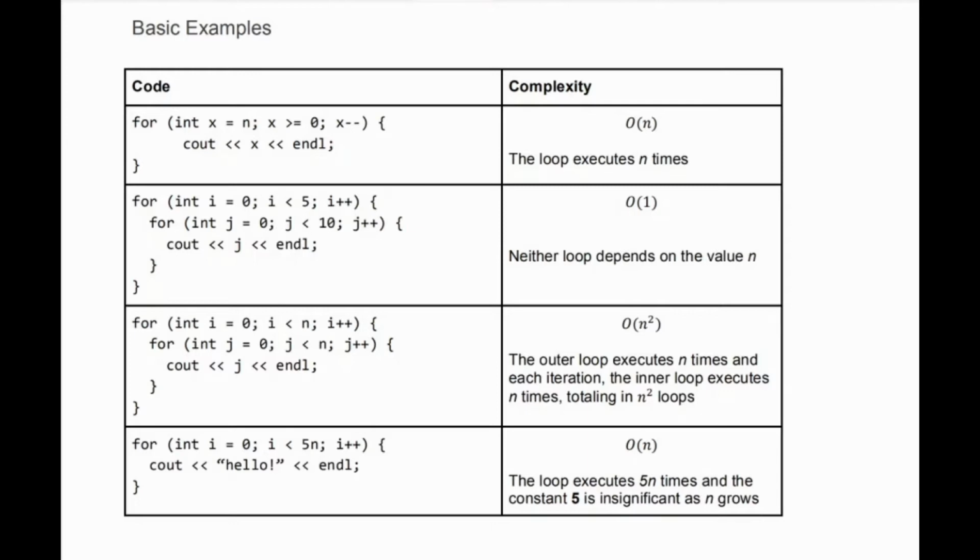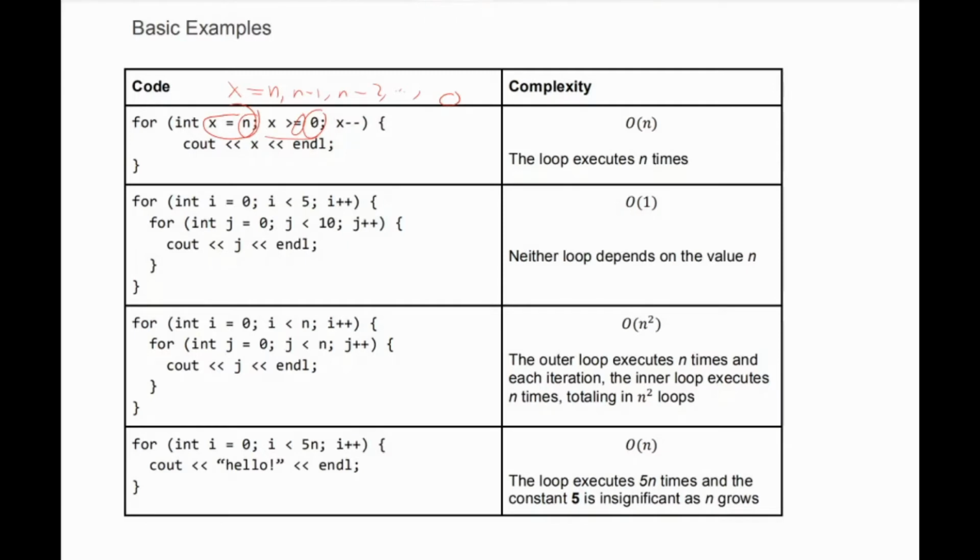So the first one is one for loop only, and the number of iterations, as you can see here, your x is set initially to n, and while x is greater or equal to 0, we decrement x. The value of x would proceed from n, then n minus 1, n minus 2, up to 0. So from n up to 0. 0 is included because of that equal sign, greater or equal.